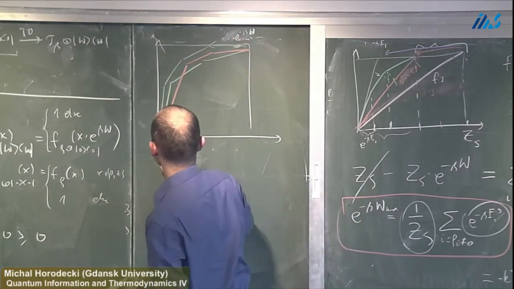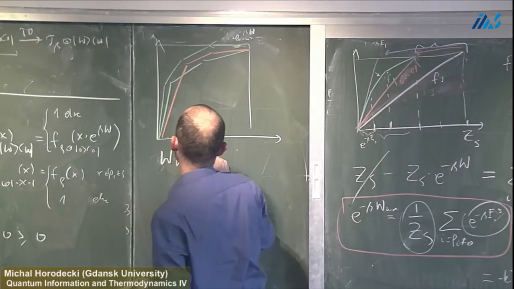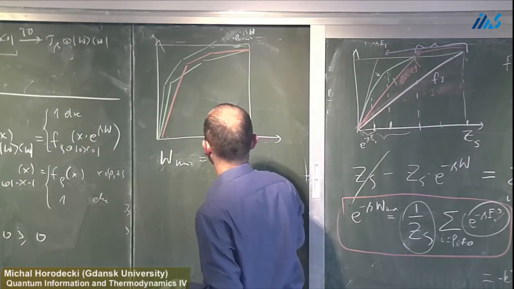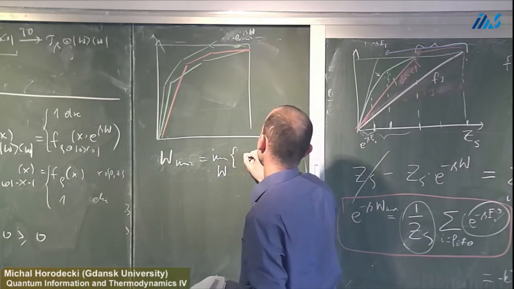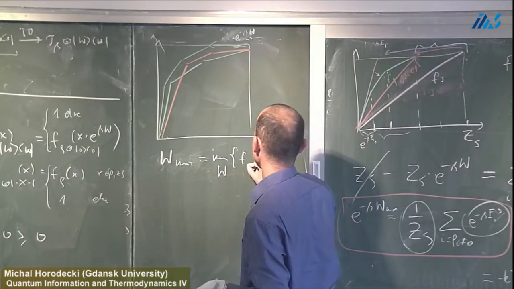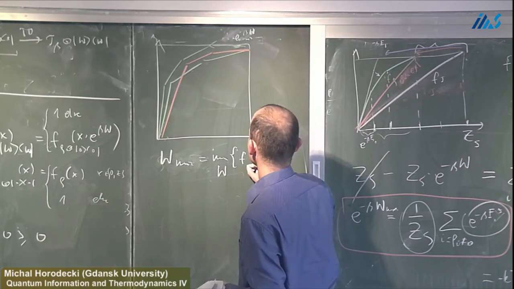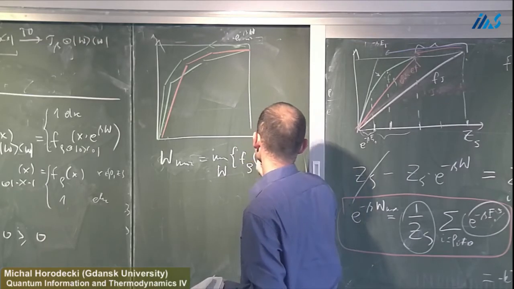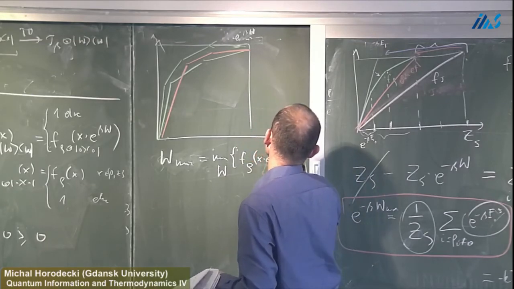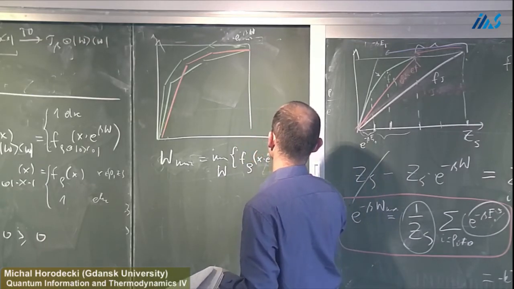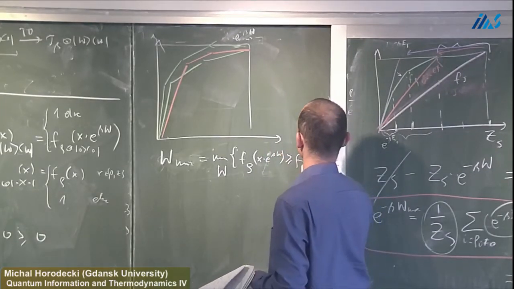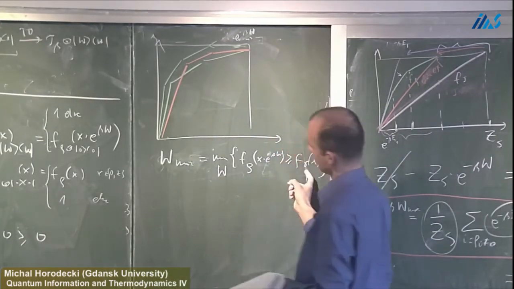So you can say that the minimal work is equal to the minimum over W of such W that f of the rescaled rho, so you take rho and rescale it, is still greater than the original f of sigma.